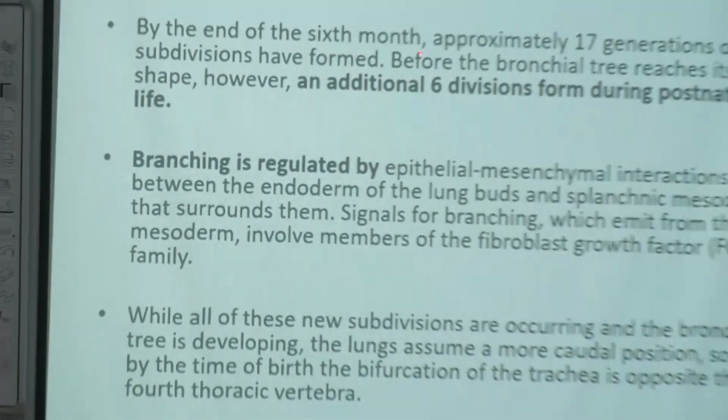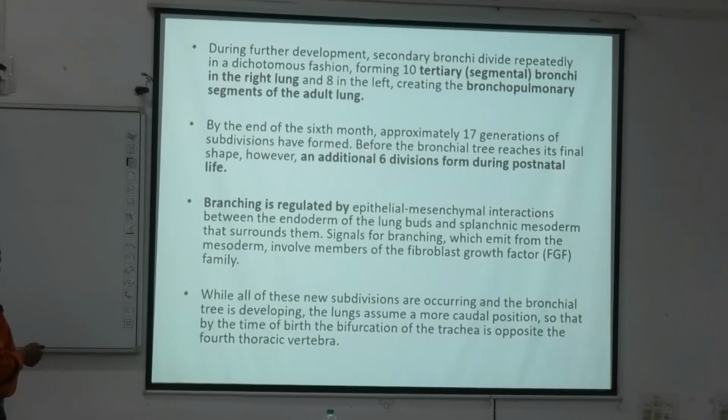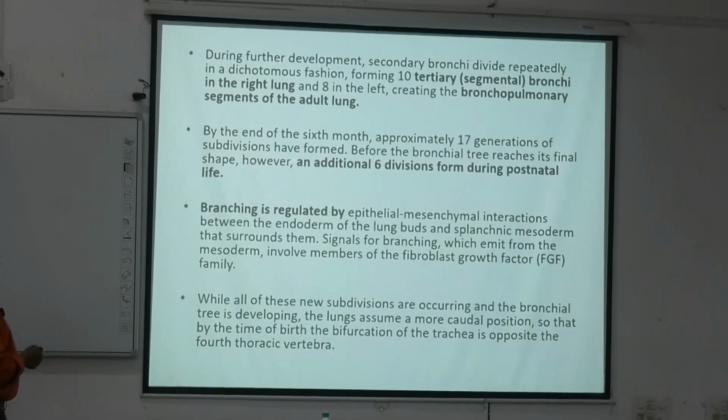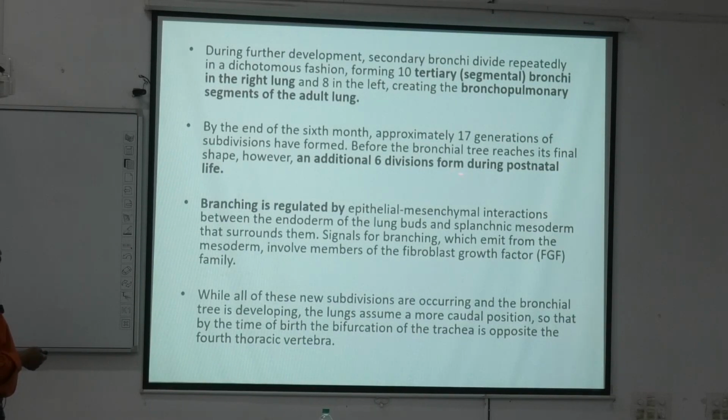Now, by the end of the 6th month, approximately 7 generations of subdivisions have formed before the bronchial tree reaches its final shape. However, an additional 6 divisions form during postnatal life. This developmental part extends into postnatal life.